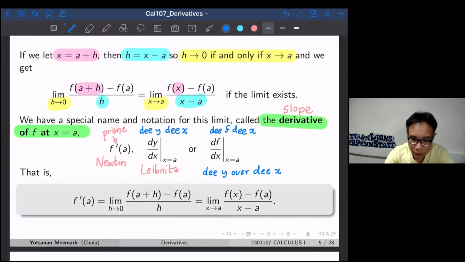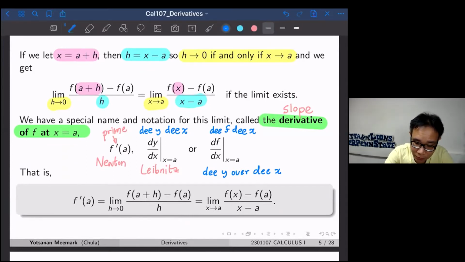And this will be the limit notation that we will use for computing the derivative of the function f at a. So it's going to be limit h goes to 0 of f(a plus h) minus f(a) over h, or the limit x goes to a of f(x) minus f(a) over x minus a. This one is going to be easier.